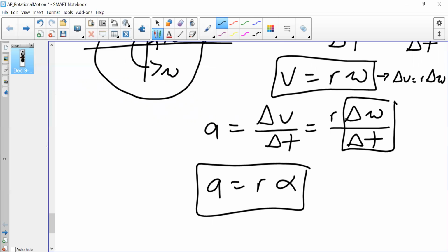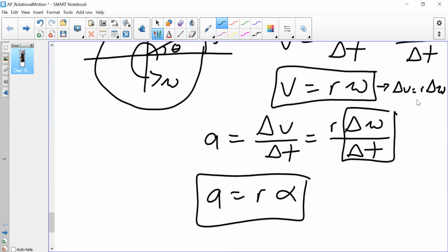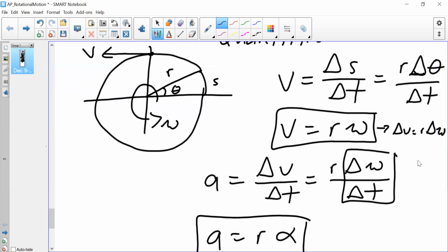Let's see how that works. So pretty much the same thing. We're now taking our point particle and stretching it out over a radius, which creates our circle.